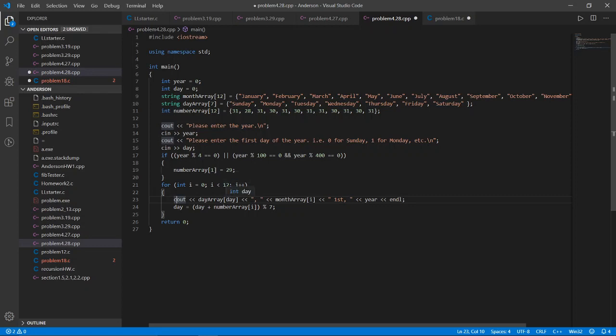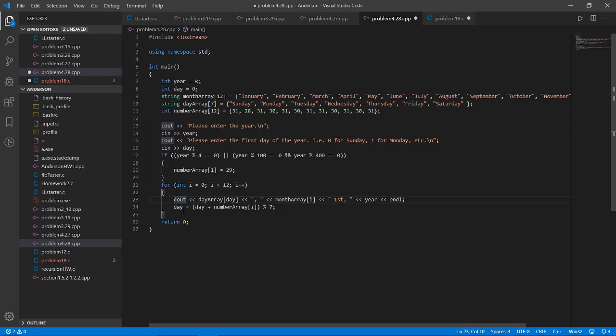So day would equal 3, and we would go to the third instance in the day array. So that would be Sunday, Monday, Tuesday, and then Wednesday. So it would cout Wednesday, comma, space, and then the month, which is 0. We're using our index here. So that would be January. So it would say Wednesday, January 1st, and then our year 2020.